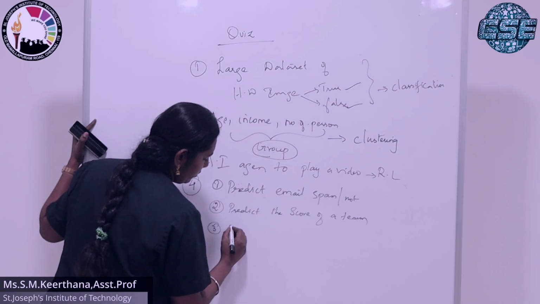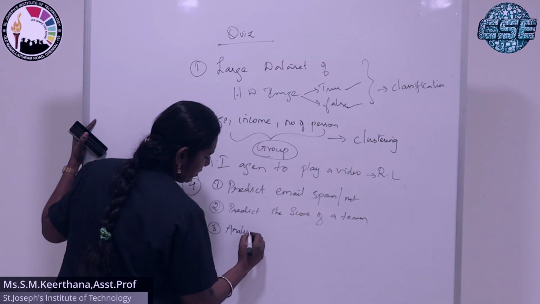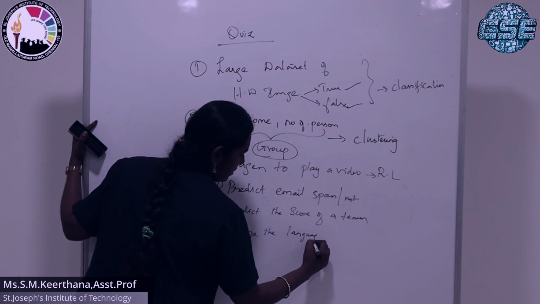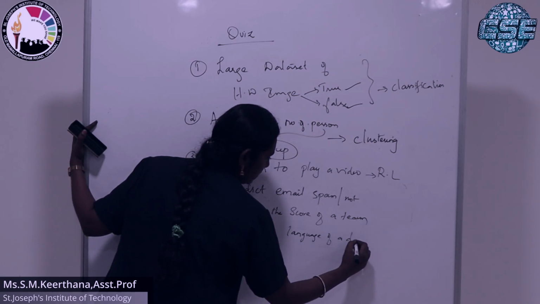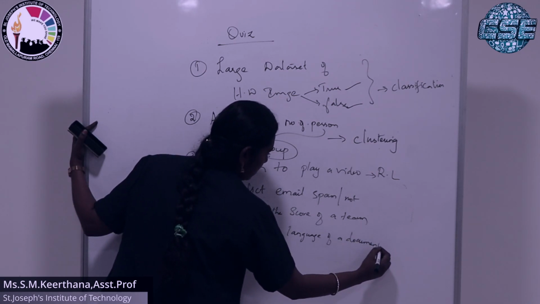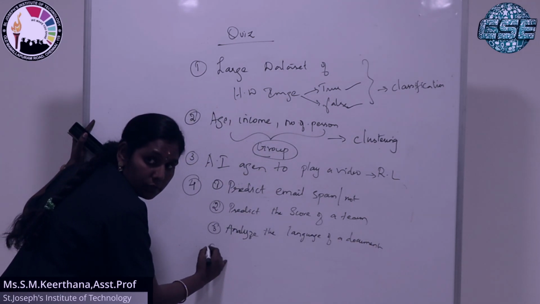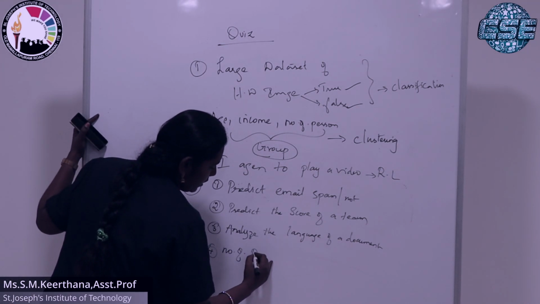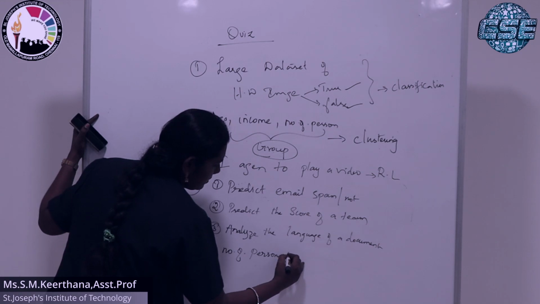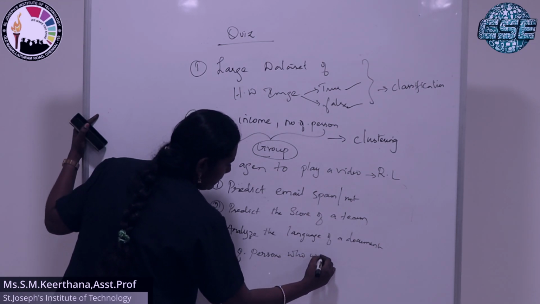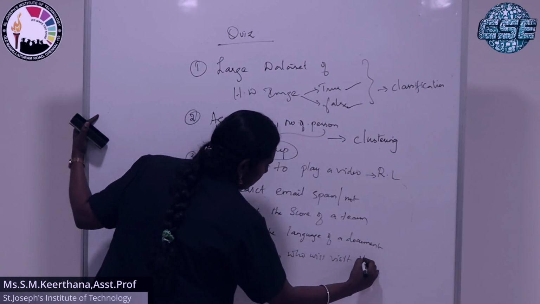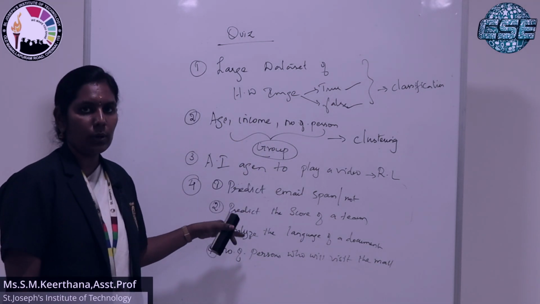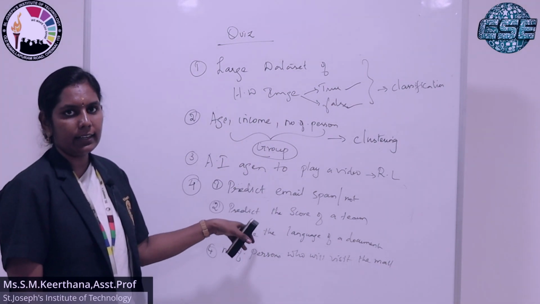Third, you have to analyze the language of a document. And fourth, you have to identify the number of persons who will visit the mall. From these 4 choices, you have to identify which come under regression and which come under classification.